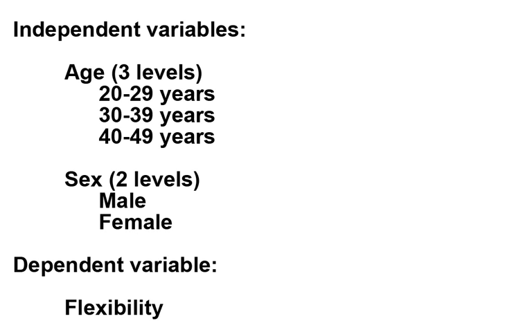You have 2 independent variables, age, which has 3 levels, 20 to 29 years, 30 to 39 years, and 40 to 49 years, and sex, which has 2 levels, male and female. You also have 1 dependent variable, flexibility.